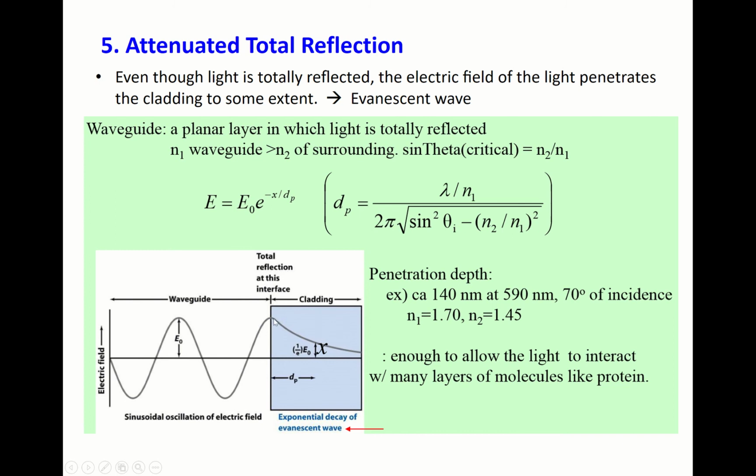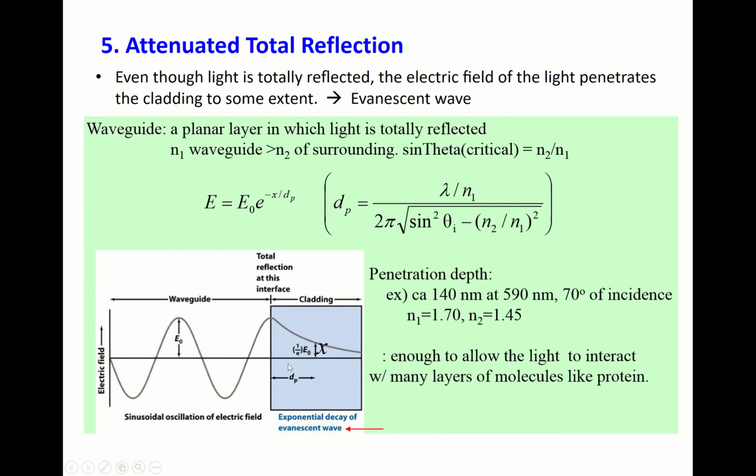At the interface, all the light intensity may be totally reflected, but some of the electric field leaks toward medium 2. This is the electric field, and not all of it is reflected, but some of it is present on the opposite side.